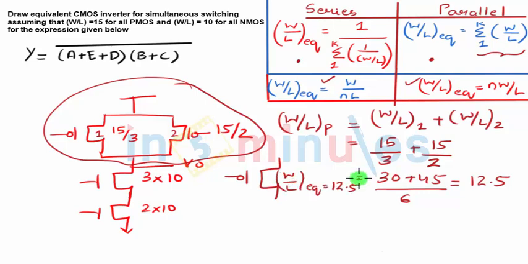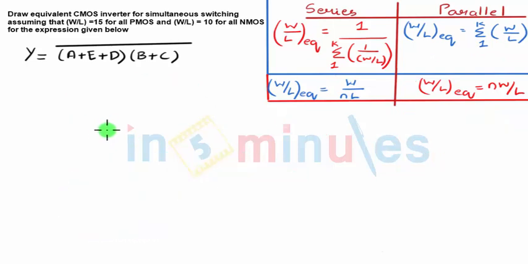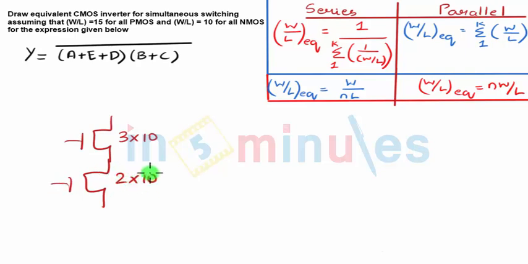Now let's quickly go ahead and see the corresponding NMOS equivalent here. I have 2 transistors in series. NMOS is nothing but 3 times 10 and 2 times 10. So we will be following this formula for series transistors. Let's call this transistor 1 and this transistor 2.